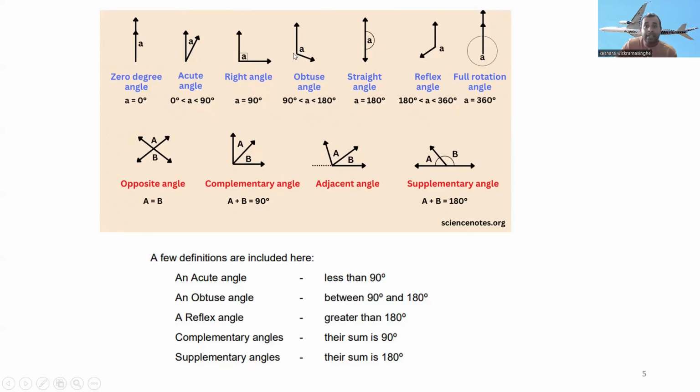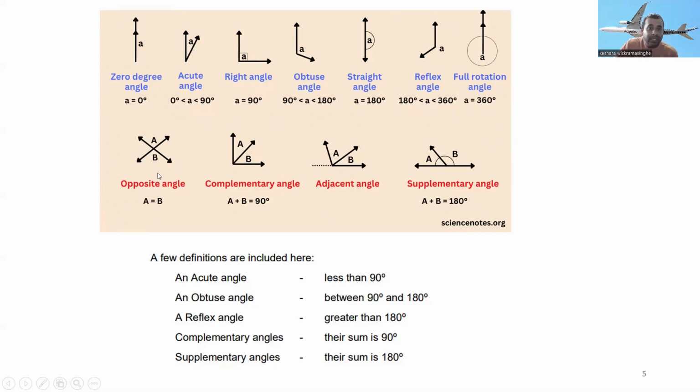An obtuse angle is more than 90 degrees and less than 180 degrees. The straight angle is 180 degrees, and the reflex angle is more than 180 degrees and less than 360 degrees.